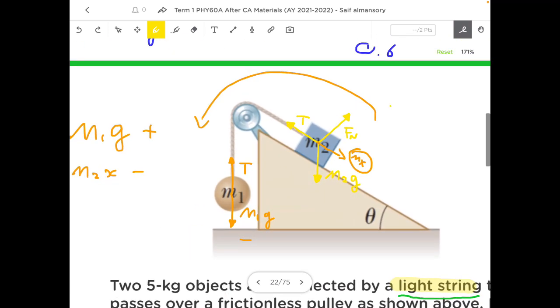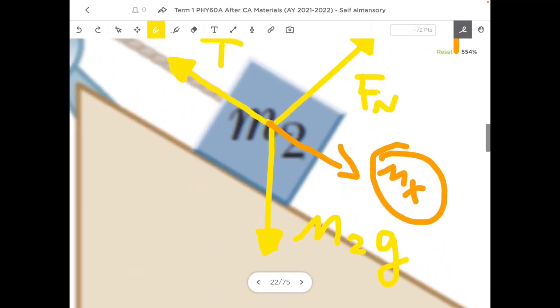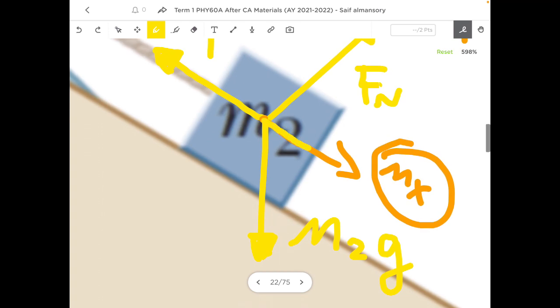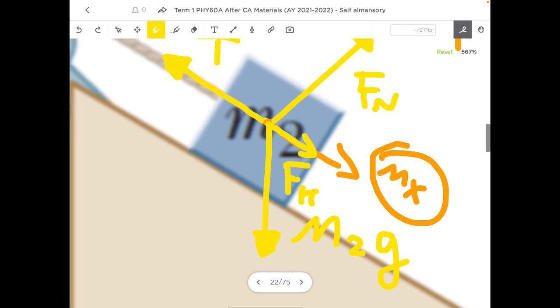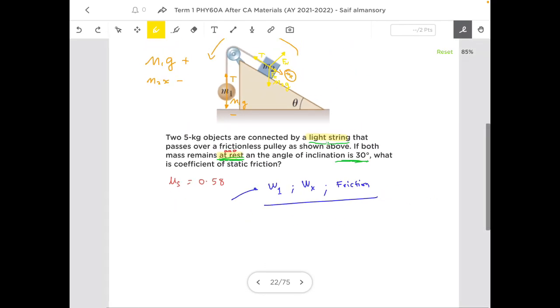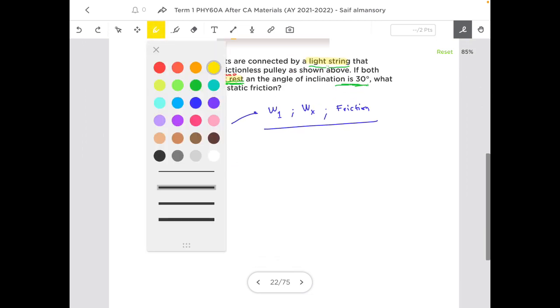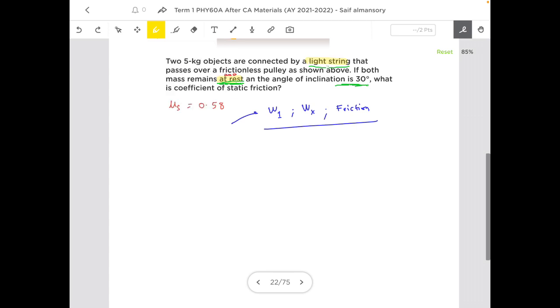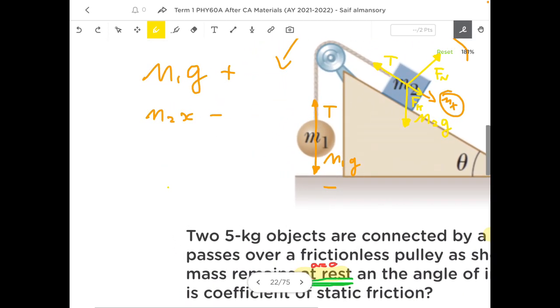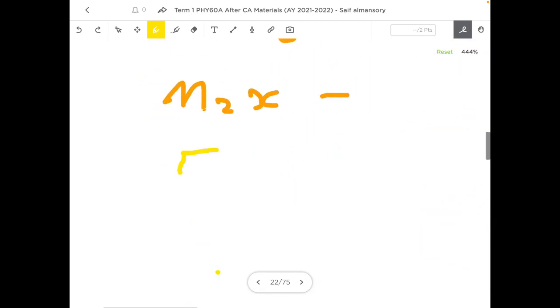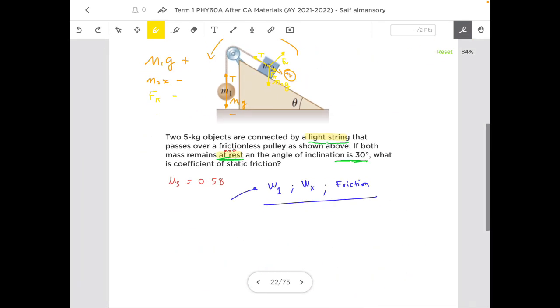If the motion was directed this way, the friction will be the same as the x component. Here is the tension, F kinetic. Also, the F kinetic will be negative. Why? Because it resists the motion. Friction is always negative, in fact.